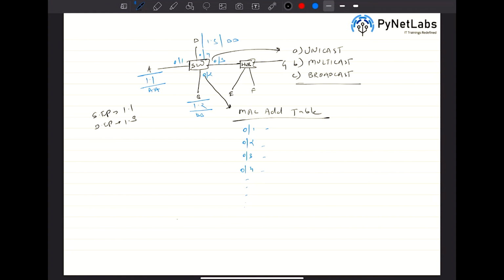The source MAC address is AAAA, and the destination MAC address is going to be DDDD.